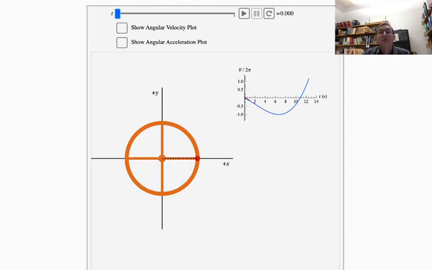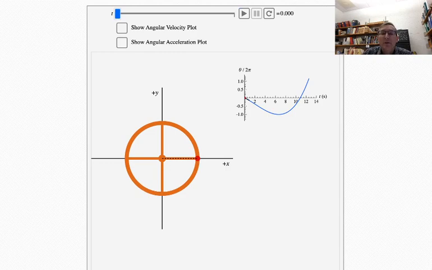Clearly, the picture and the graph show that theta is equal to 0. So the answer must either be A or B, because those are the only ones that have theta equal to 0. So which is it, A or B? Well, it depends on what the angular velocity is. Is it positive or negative at this instant? Well, even though this is a freeze frame at t equals 0, when this freeze frame is drawn, the wheel was in the process of moving, rotating. Which way was it in the process of rotating? Clockwise or counterclockwise?